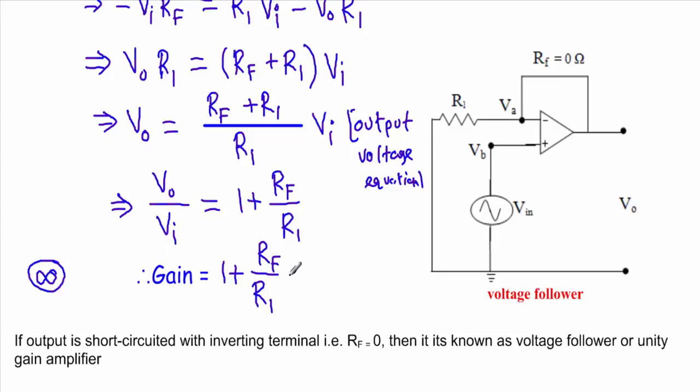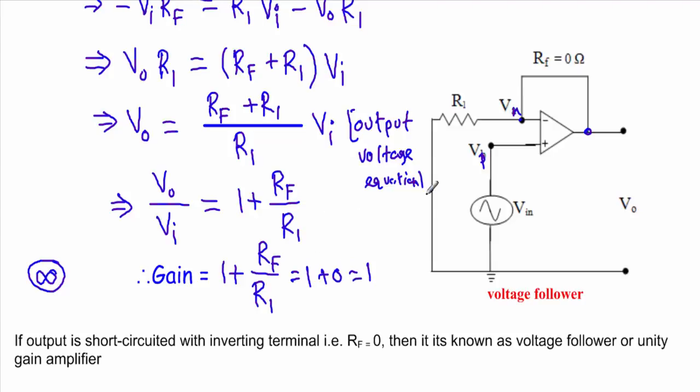This gain equation has a special application. Let's say I connect the output terminal with the inverting terminal with a short circuit, that means Rf will be equal to 0 ohm. If Rf becomes equal to 0, this gain will be equal to 1 plus 0, which is equal to 1.